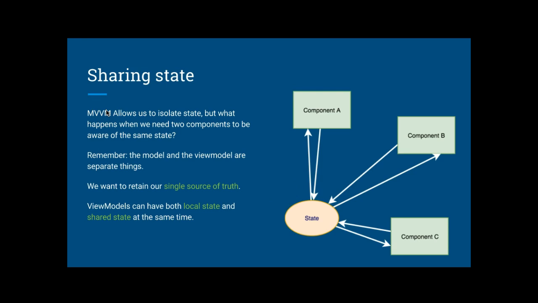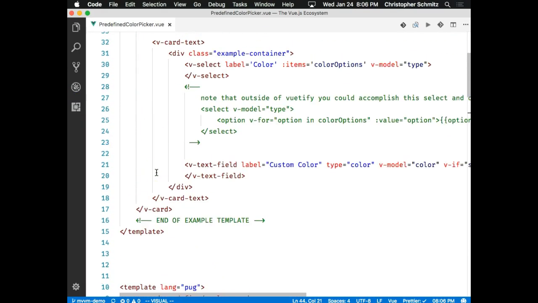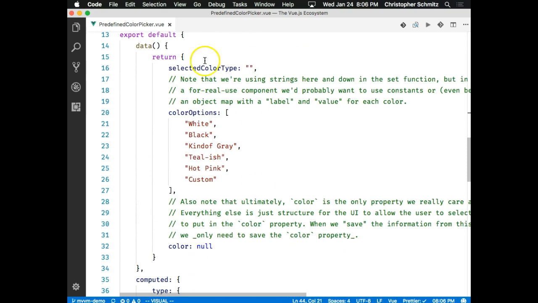So we talked about the components. We talked about how the components are isolated. So we've scoped the style, we've scoped the data. All the data in this only pertains to this one component.